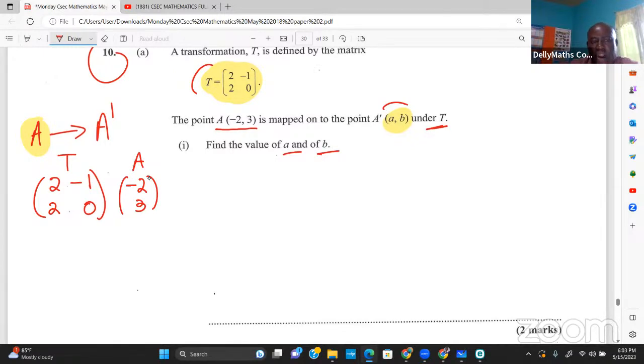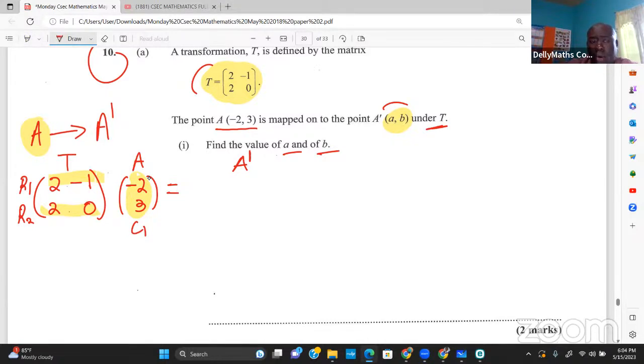And then you operate on it, regular multiplication, and it's going to give us the result for A prime. So we're talking about row by column. That's row 1, row 2, and I only have 1 column.